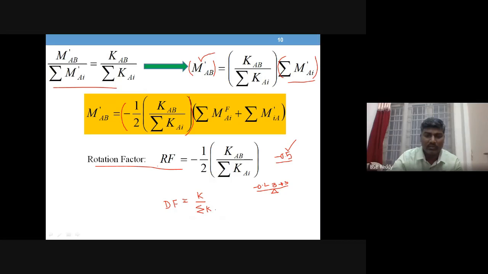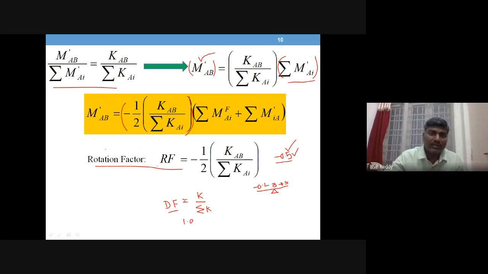Just like the total distribution factor shall be 1. So in the case of rotation factor, the total shall be minus 0.5. This is what is required for the method.